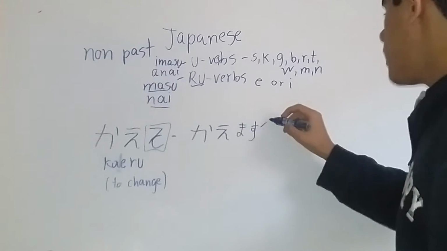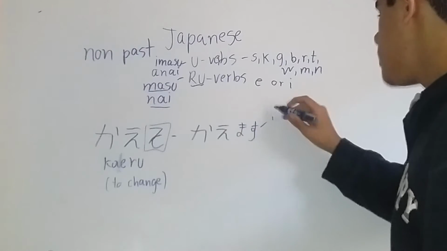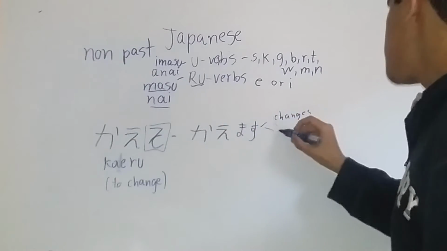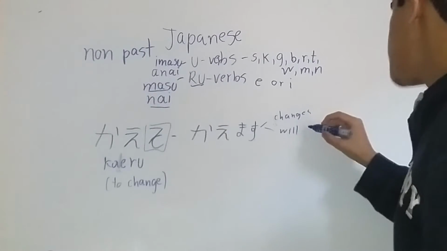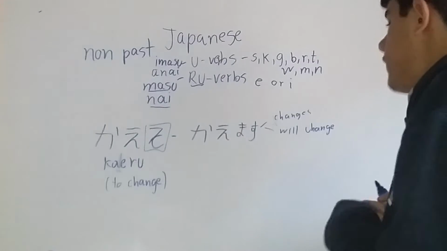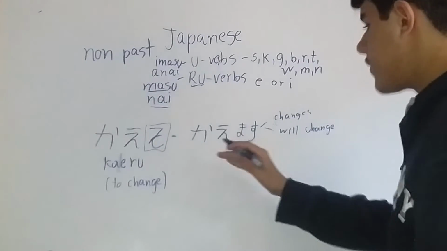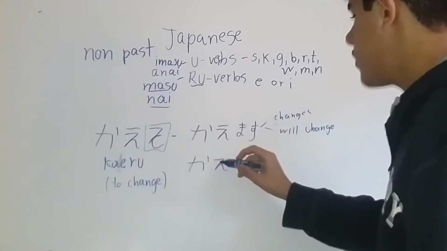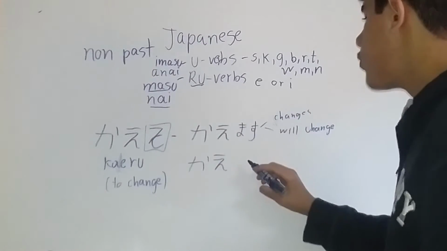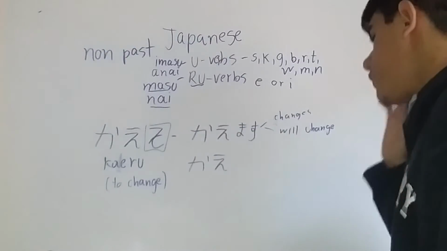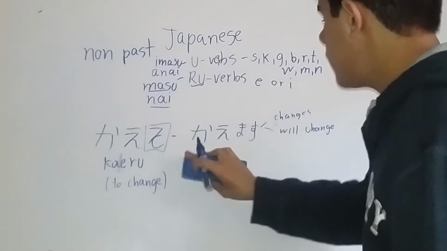It can mean changes, or it can mean will change. So we have this non-past sentence. If we want to deny the sentence, we put the stem plus the negative part here. So it's just like that.